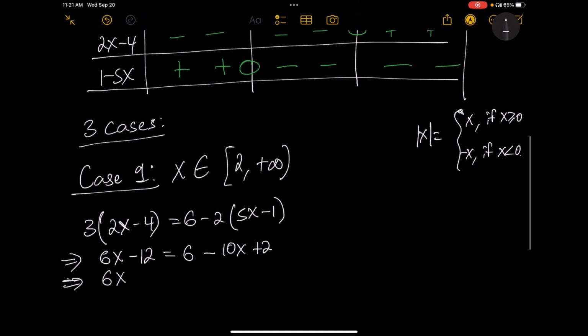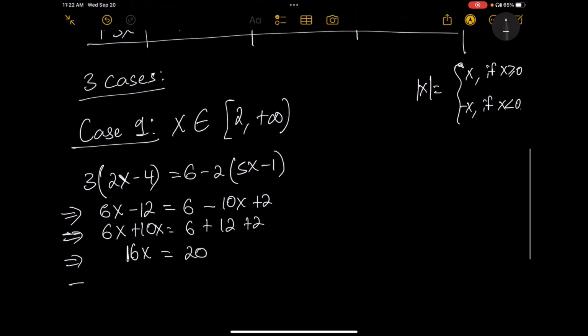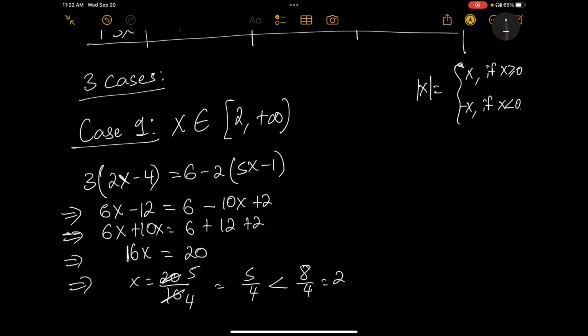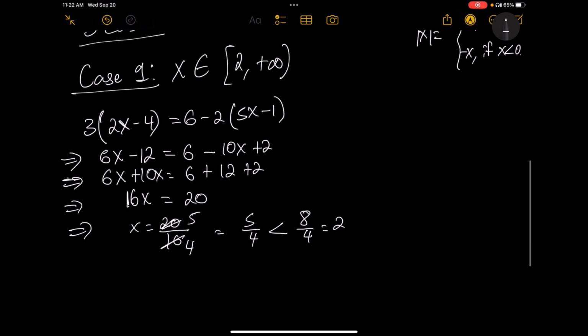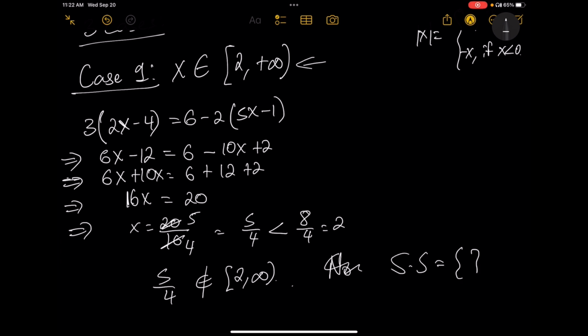This implies 6x plus 10x is equal to 6 plus 12 plus 2, which implies 16x is equal to 20, so x is equal to 20 over 16, which is 5 over 4. x equals 5 over 4, and 5 over 4 is less than 8 over 4, which is 2. So 5 over 4 is not an element of our assumption, which was from 2 up to infinity. The number is not in case 1, so case 1 has no solution; the solution set in case 1 is the empty set.